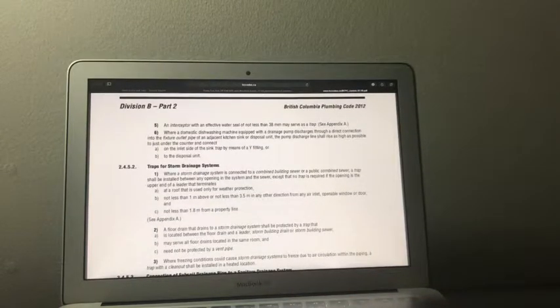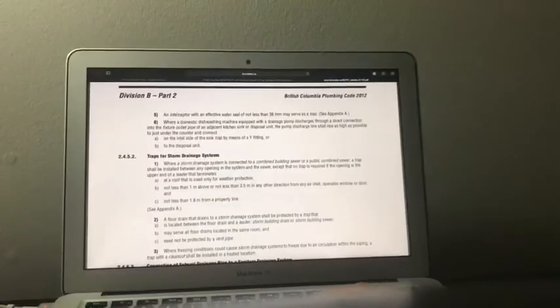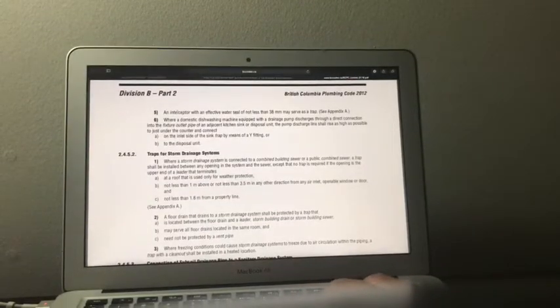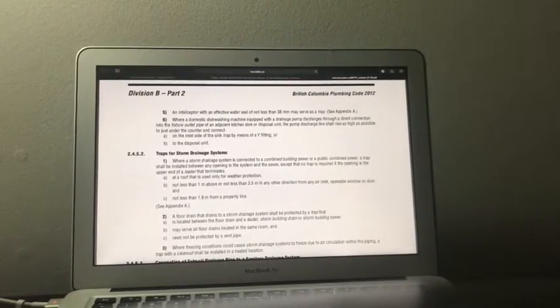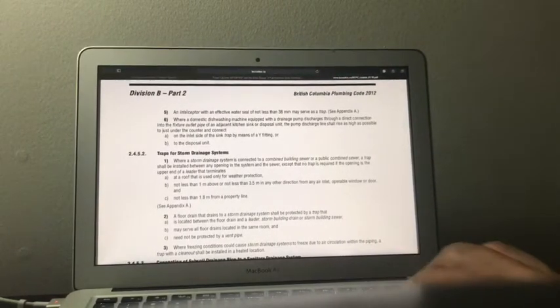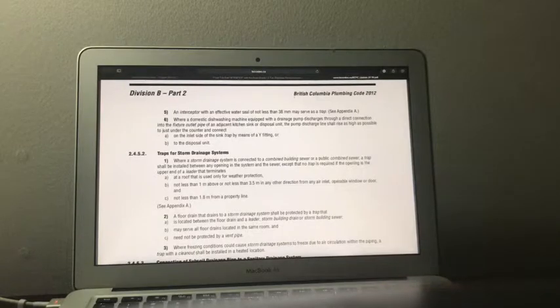The interceptor with an effective water seal of not less than 38 millimeters may serve as a trap. So the reason they're kind of touching on that is the interceptor is like your grease interceptor for your restaurant. That would be a drum style trap, and that's why they're saying not less than 38 millimeters, because that interceptor is the only legal drum trap out there.